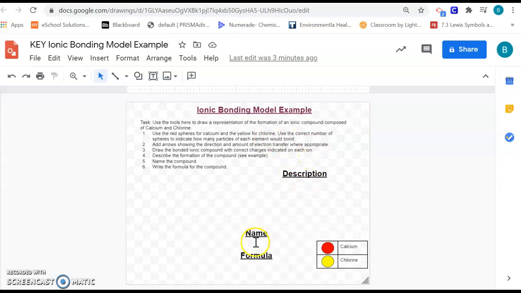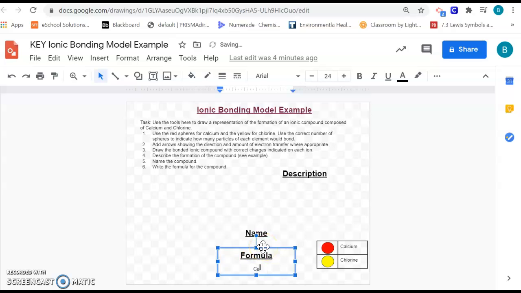So if we have our formula and we have calcium and chlorine. Calcium has 2 valence electrons, so it'll have a charge of +2, and chlorine wants to gain 1, so it'll have a charge of -1.